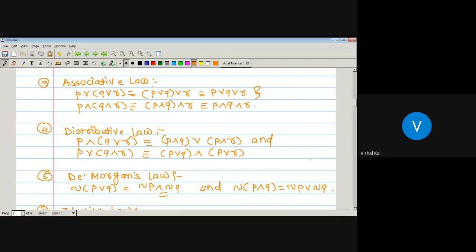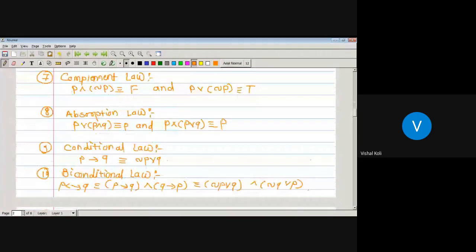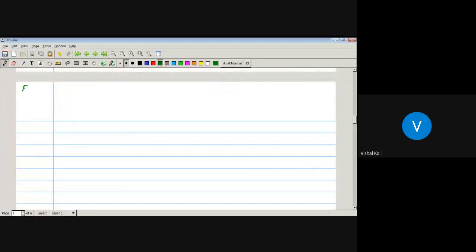Now, first, let us see how to write the negation of a statement pattern. Example: write the negations of the following statements.